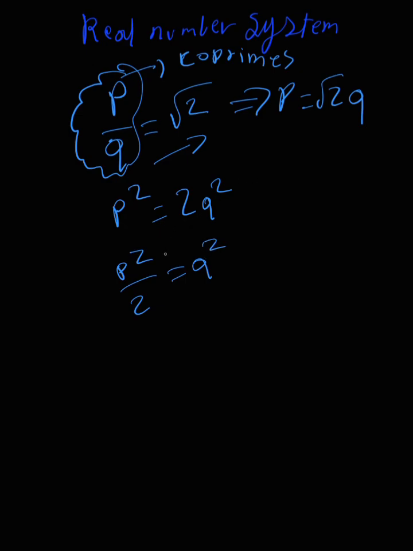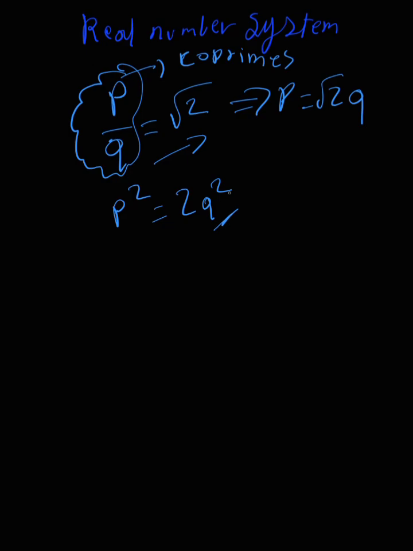And if you think about it, let's not even do that. We can use this only as our reference. Now, what I was saying was that from here we can see that 2 is there with p square. So what this means is that p square is divisible by 2, which means that 2 divides p square. Now, why does 2 divide p square? Because if you think about it, what we had assumed is that 2 does not divide q.